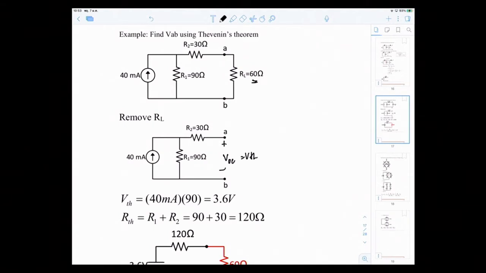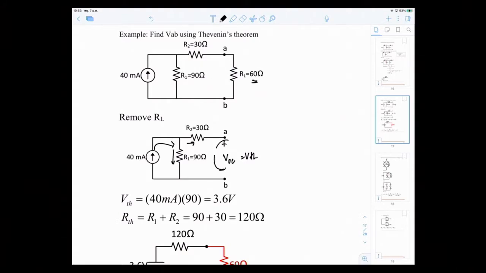Then you analyze as you would have. You look at this picture. Your VTH, your VOC, is nothing but the voltage across R1. If you have 40 milliamps coming out here, it comes to this junction, and it's supposed to split into R2 and R1.